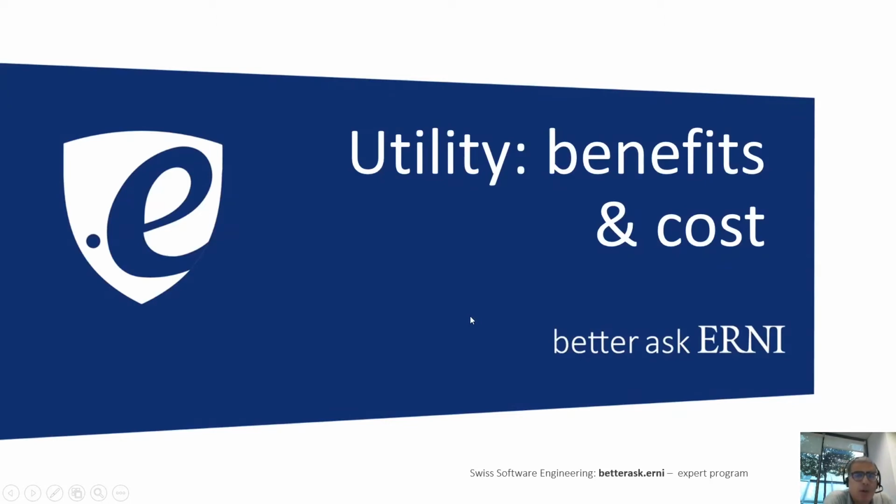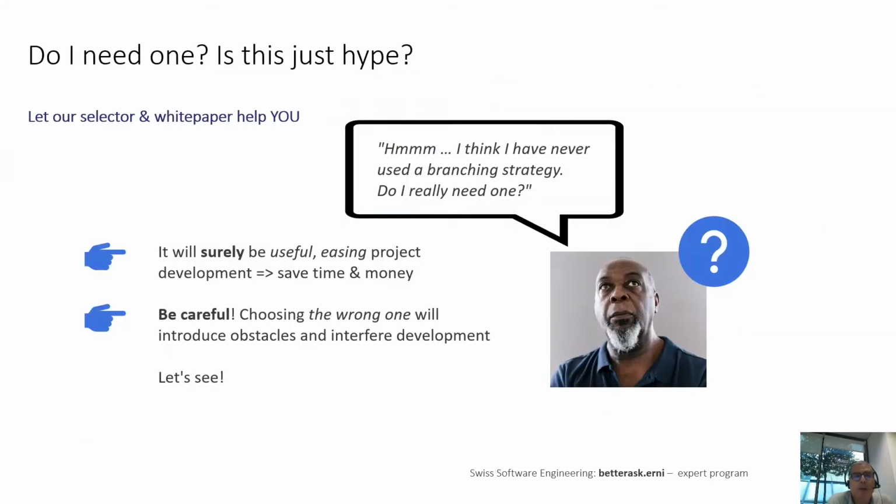Okay, so maybe you have never been using all this, or you don't know you have been using it, or it's for your next project and you don't know. Is this useful? What are the benefits of using branching strategies, workflows, and so on? And what are the costs, of course? For example, do you need one? Is this just a thing we have to do because everybody does it, or is it something we really have to do?